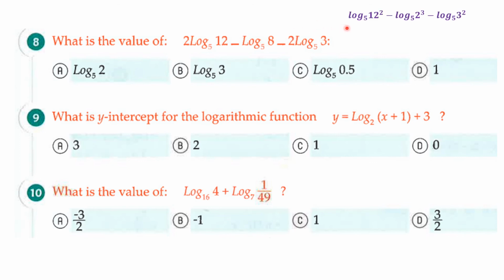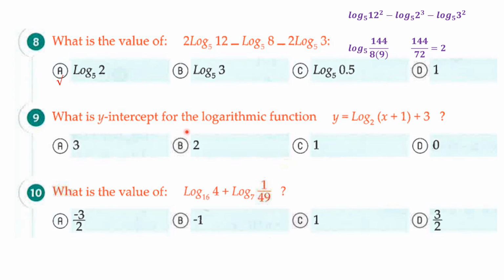So you're going to get log base 5 of 12 to the power of 2 minus log base 5 of 2 to the power of 3 minus log base 5 of 3 to the power of 2. Next step, I can take this 144 divided by 8 times 9, or 144 divided by 72. You should know that the answer will be log base 5 of 2, which is A.